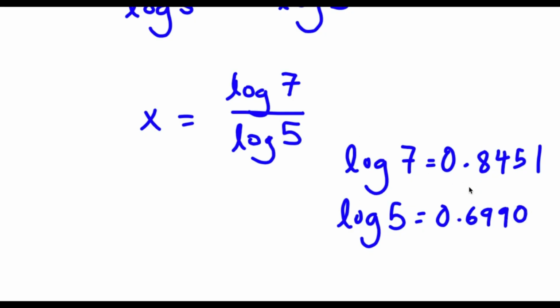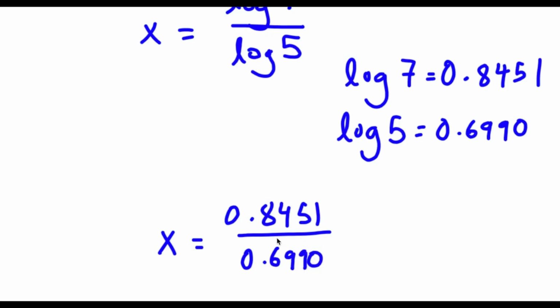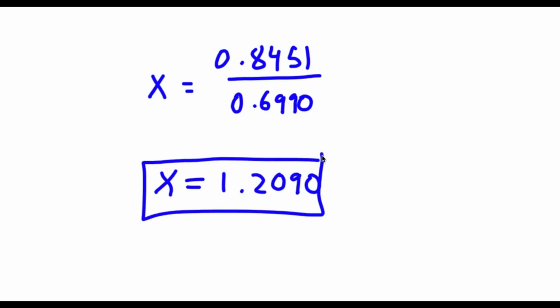So now if I substitute these values into our expression here, I get x is equal to 0.8451 over 0.6990. So now if I divide these two, I get x is equal to 1.2090. So this is my value for x.